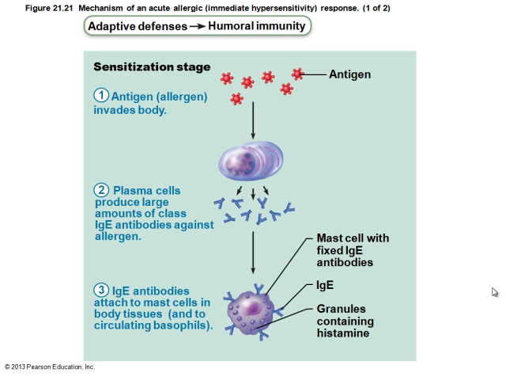So we see the allergic reaction or hypersensitive reaction described in this figure, which is 21.21 on page 795. So plasma cells are going to start producing large amounts of IgE type antibodies against the allergen.